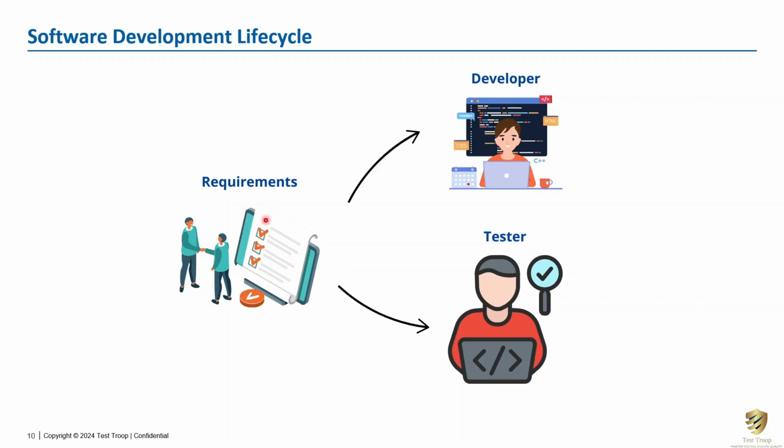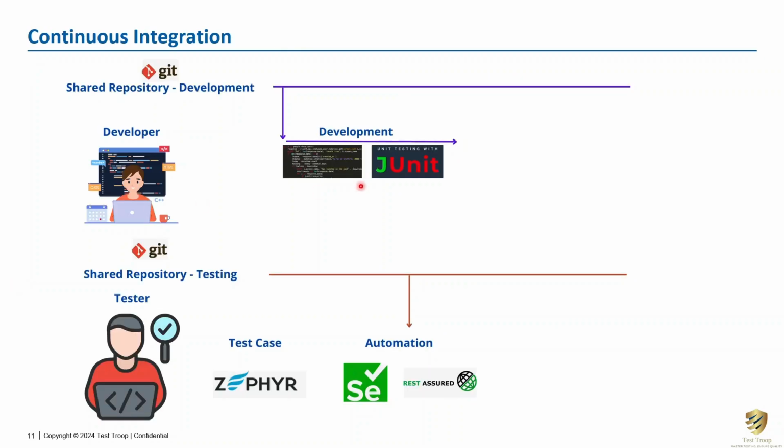Once the requirements are documented, reviewed and approved, a refinement session is conducted with both the development and testing teams to ensure a clear understanding of the requirements. Now the development team starts building the design and writing the code. In the same manner, the testing team starts writing the test cases and automating them for future use.